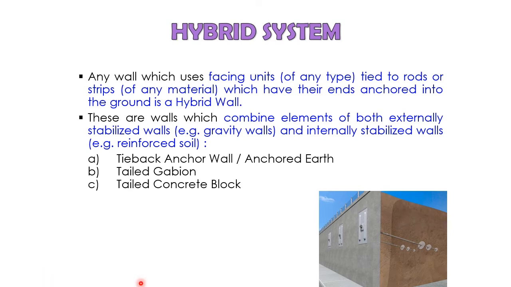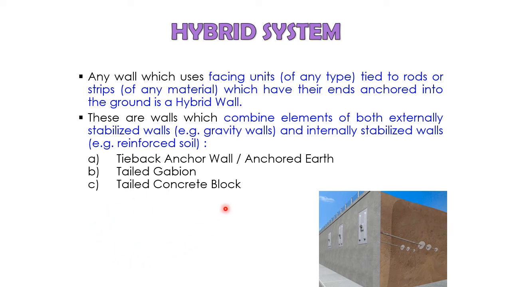These are walls which combine elements of both externally stabilized wall and internally stabilized wall. So we have tie-back anchor wall, tailed gabion and tailed concrete block. And another one is sheet pile.